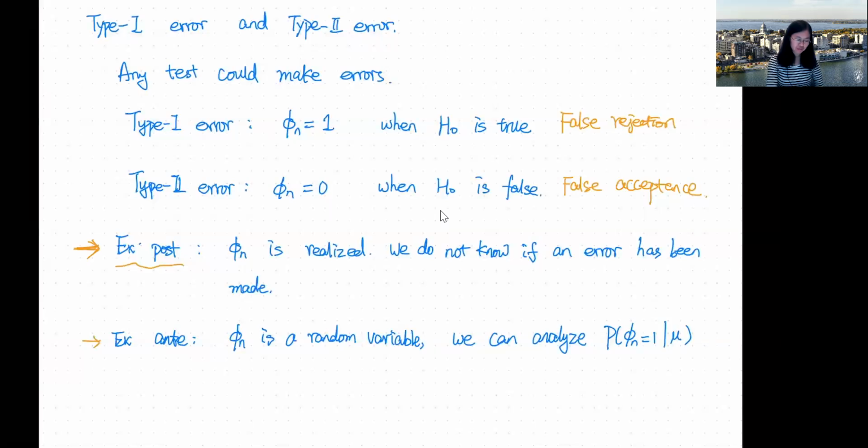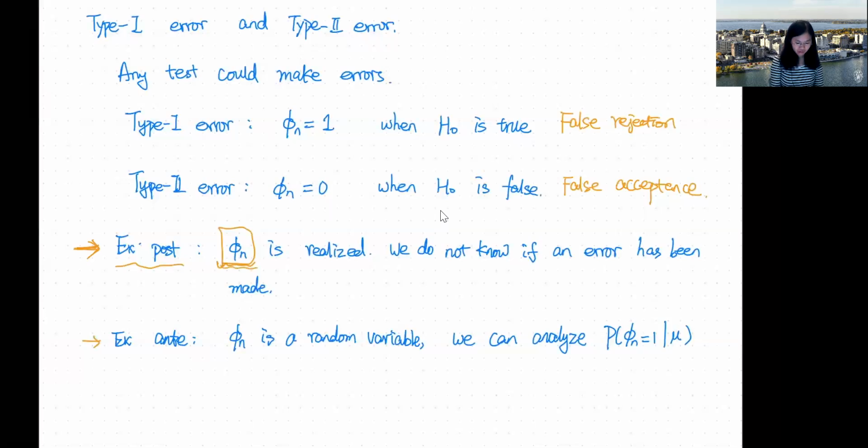After we use the information in the random sample, the decision rule is realized. The test is realized to be either 1 or 0. We know what the test does. We know what the decision is. We know what the decision of the test is, but we do not know the true mu. Therefore, we do not know whether the null hypothesis holds or not.